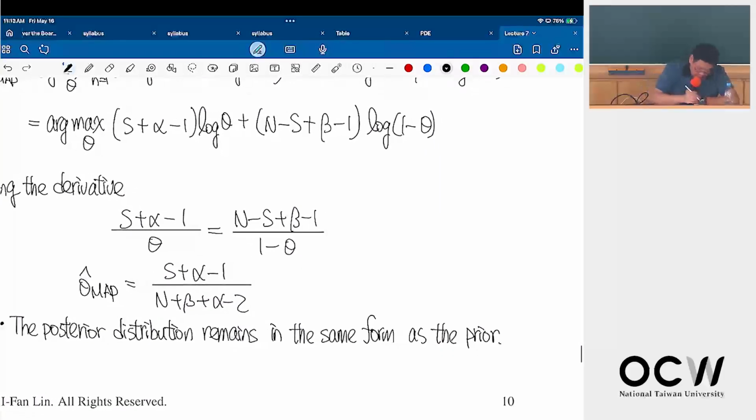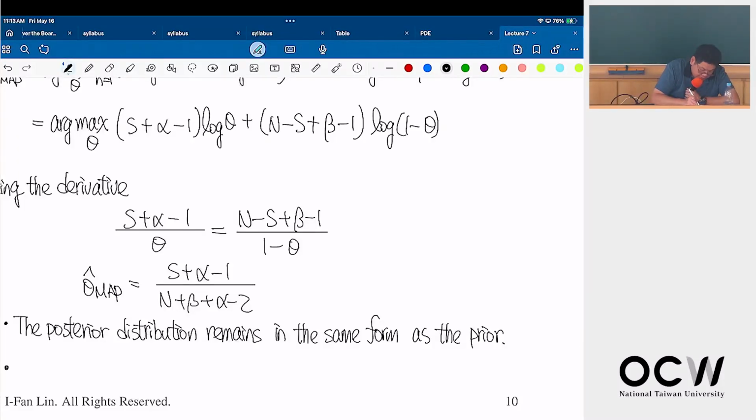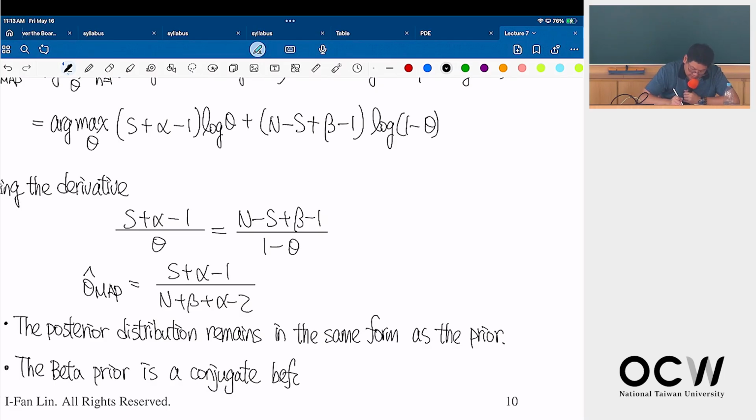And this beta prior is a conjugate prior for the Bernoulli likelihood.